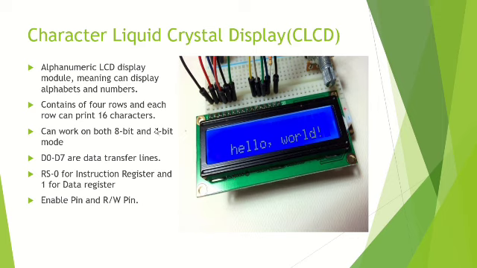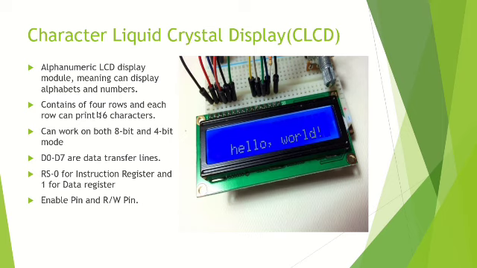Character liquid crystal display. This is the picture of the CLCD. CLCD is an alphanumeric LCD display module, which means it can display alphabets and numbers.